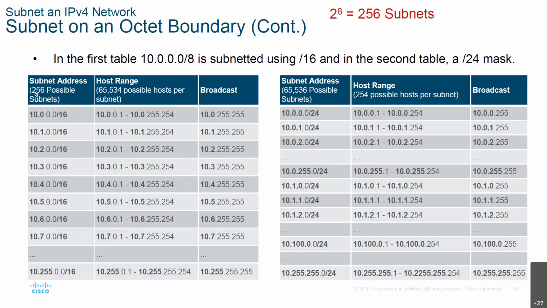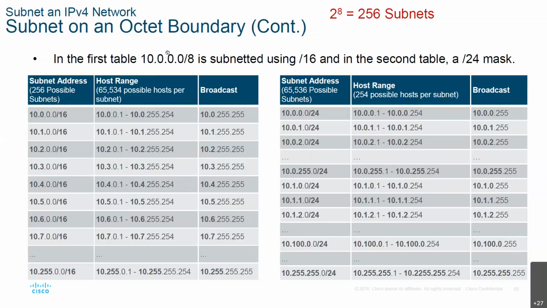Now, how can you calculate that? It's very simple. This is /8, correct? If I want to make it /16, I have to borrow 8 bits from the host portion. When I borrow 8 bits, 2 to the power of 8 is equal to 256 subnets that can be created.